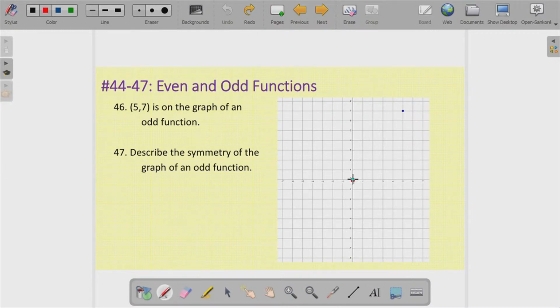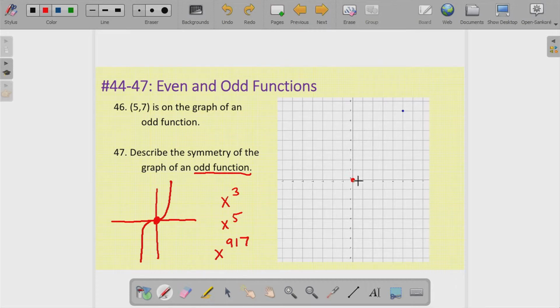Okay, so as John did, I'll just start with 47. I know that odd functions are a generalization of the behavior of odd power functions: x to the 3rd power, x to the 5th power, x to the power of 917. Any odd power is going to have a particular behavior like this, where there's symmetry with respect to the origin.